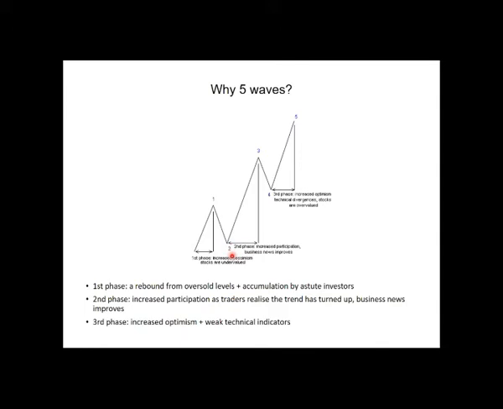And that second wave is very deep. It's very deep because, as I said, there are many bears and not many bulls at that stage. So people think it's going to make a new low. So this is why the second wave of an Elliott wave is very deep. In general, it will retrace more than 50% of wave 1 and a maximum of 100% of wave 1.